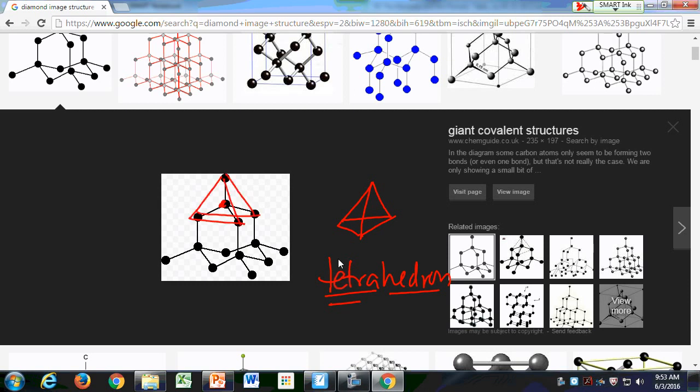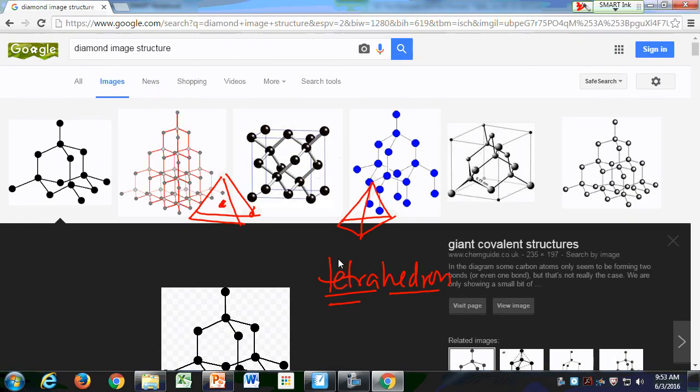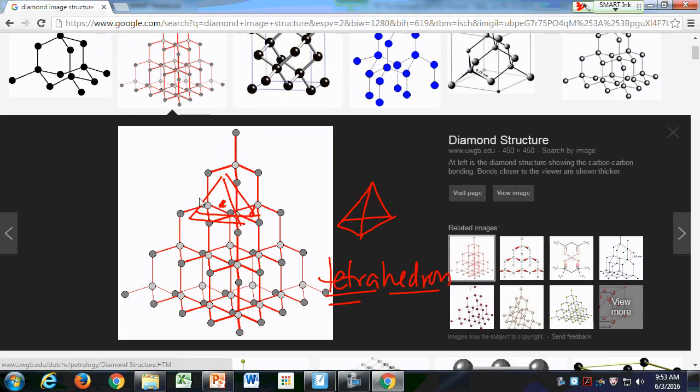So each atom is connected to 4 other atoms. You imagine each atom as being the center of a pyramid. This is just a small part of it. Let's look for a bigger picture. Each one of these atoms would be the center of a pyramid, and it just stretches out.